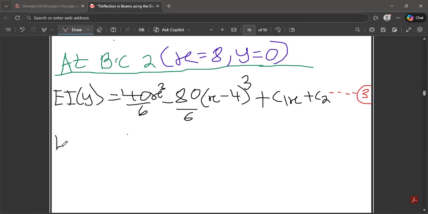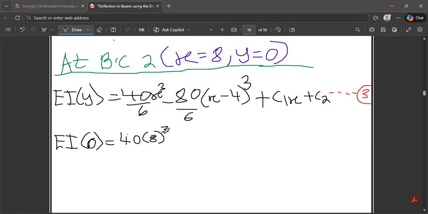You saw that even at our boundary condition 2, that was at support C, the y was still 0. So I'll put 0 over here, which is equal to 40. Now in place of the x, I'm going to be putting 8 over there.